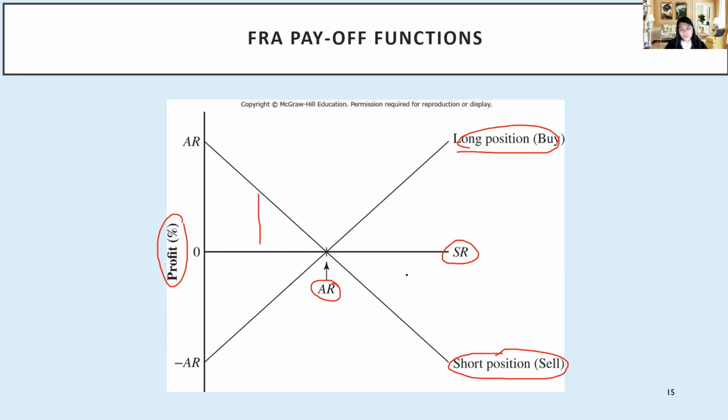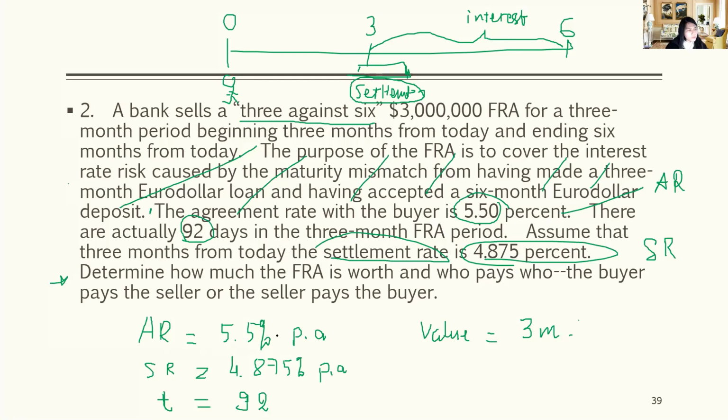These are derivatives contracts, so by definition, their value depends on an underlying, which is the interest rate in this case. Going back to our question, the agreement rate is 5.5 and the settlement rate is 4.875, okay?